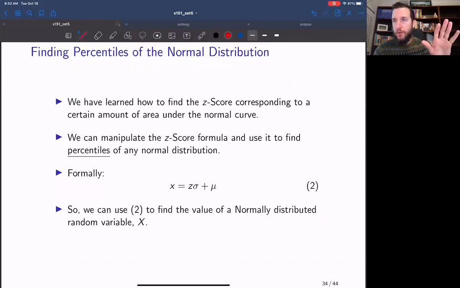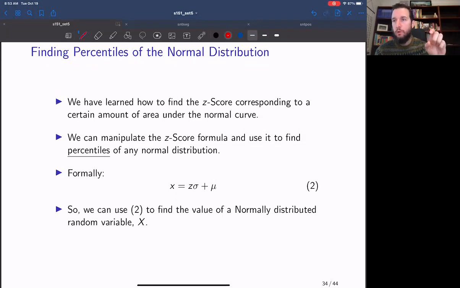Once you have figured out the area that you are looking for, we go into the normal table and we find the z-score that corresponds to that area. The same thing that we did when we first learned how to find z-scores based off of area at the start of today's lecture.